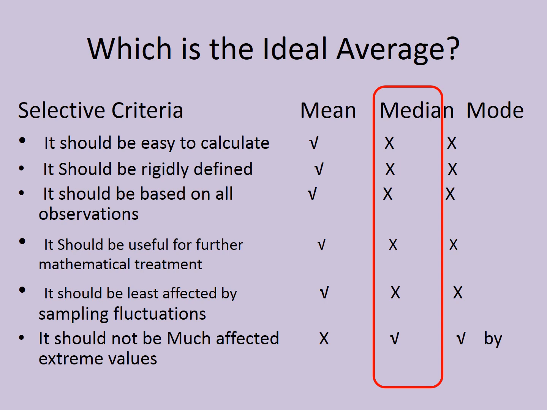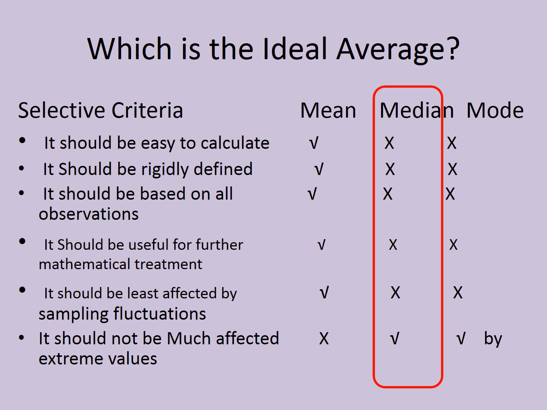Also, it is not rigidly defined. Again, it is not based on all observations. We have to arrange the data in ascending or descending order and select the middle value, so it is not based on all observations. Again, it is not useful for further mathematical modeling.